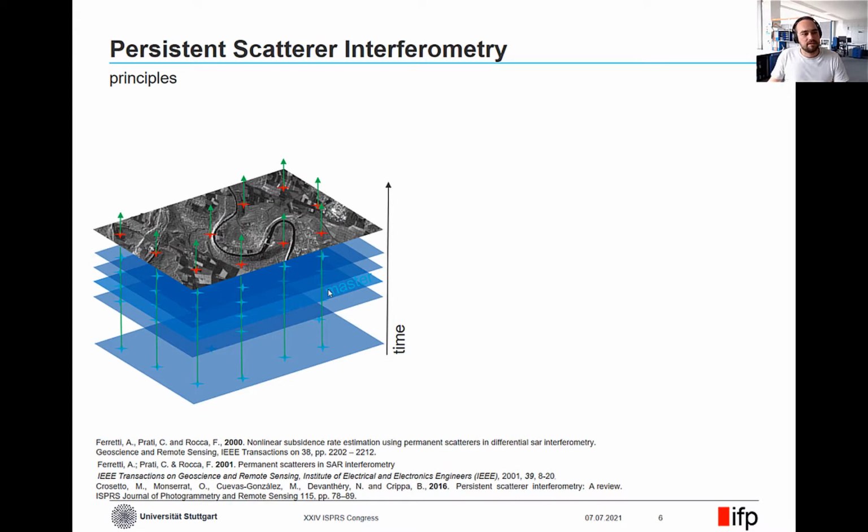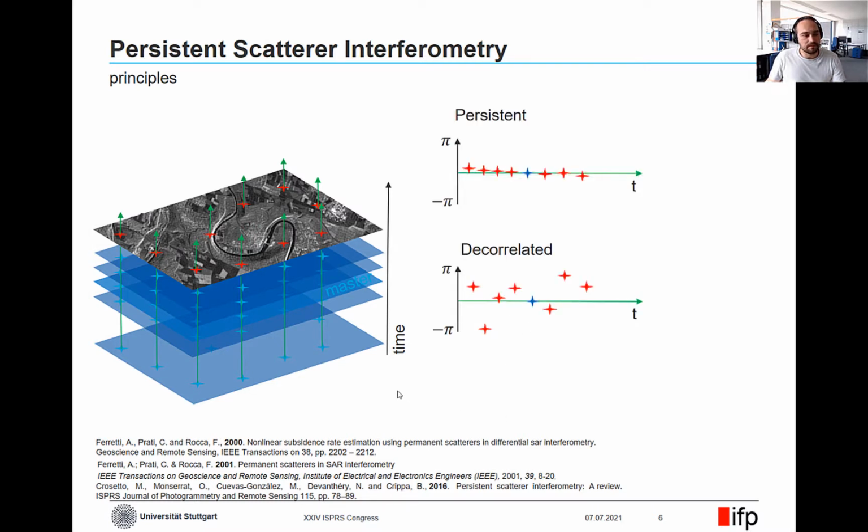This works especially well for urban areas, since metal objects and buildings act as good reflectors. On vegetation and water, for example, the phase would decorrelate and we wouldn't get a measurement point. The product of this analysis technique, in the end, will be a 3D PSI point cloud and the deformation history for each point.